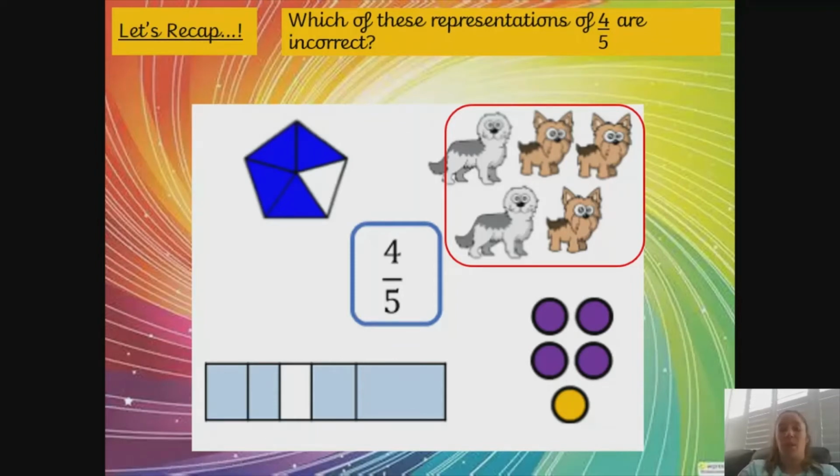What do you think? I'm hoping you're saying no, and I'm hoping the reason that you're saying no is because they are not equal in size. Okay, remembering fractions have to be equal parts. This definitely isn't, because this is a lot bigger here than this here, or even this, okay? Has to be equal. That's not correct either.